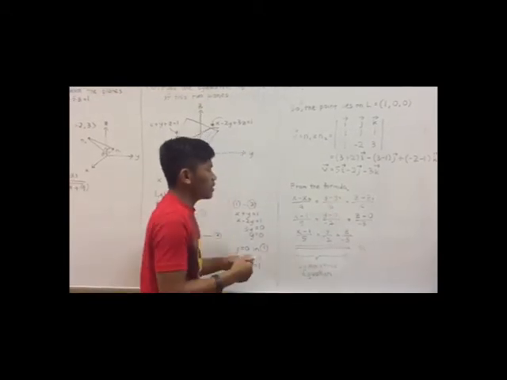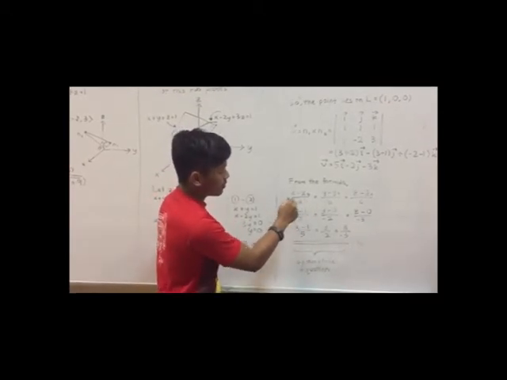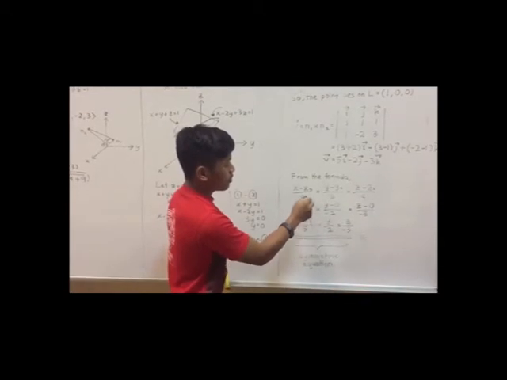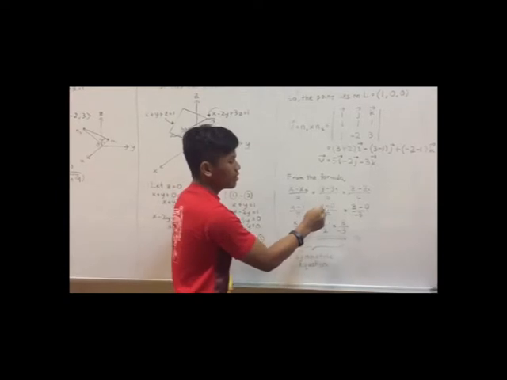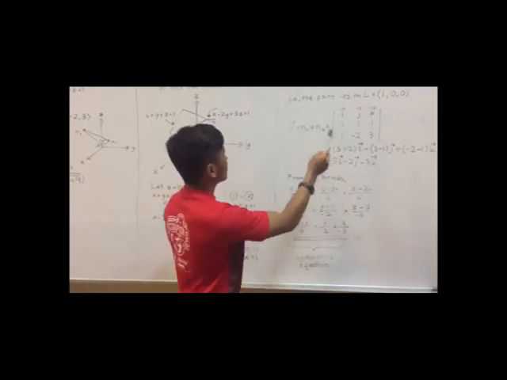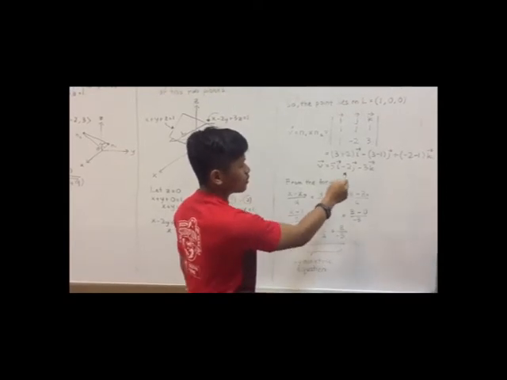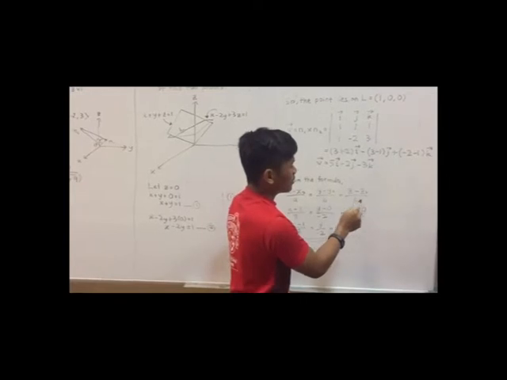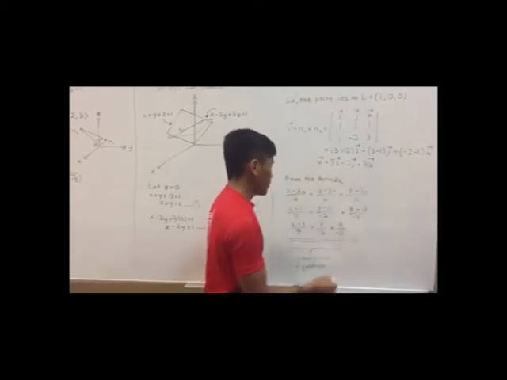So we substitute: x naught is 1, a is 5; y naught is 0, b is negative 2; z naught is 0, c is negative 3.